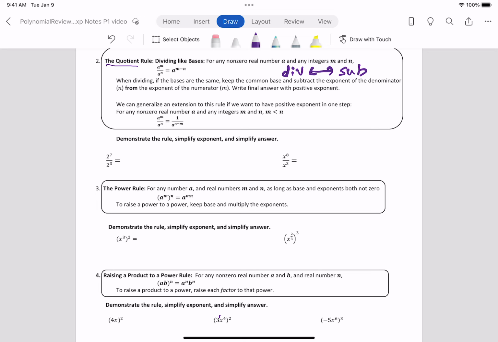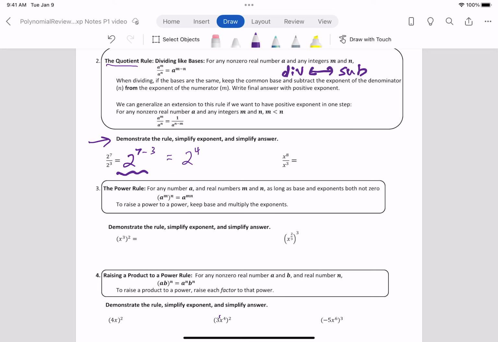So if I have 2 to the 7th divided by 2 to the 3rd, my common base is 2, and we're going to subtract the exponents, the one in the top minus the one in the bottom. So this is going to be 2 to the 4th. Again, I do want you to demonstrate the rule, and then 2 to the 4th, you can leave it like that.